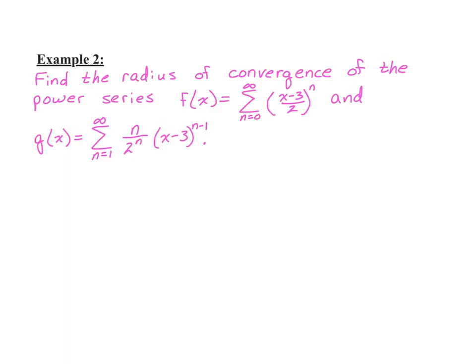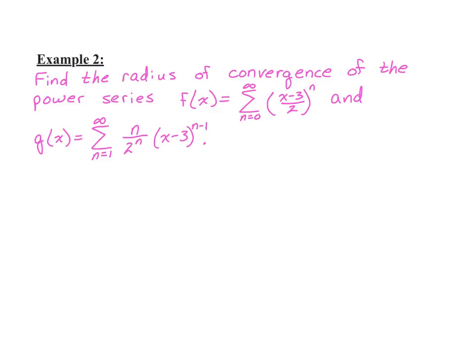All right, so the next problem, what we're going to be looking at doing is going to be finding the radius of convergence of this power series. Now, in this particular power series, when you have some number raised to the n power, that's going to be a geometric series.